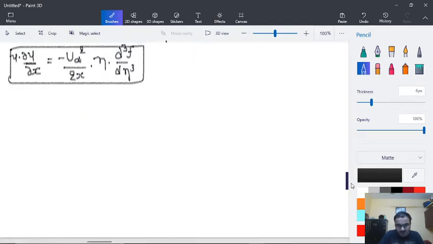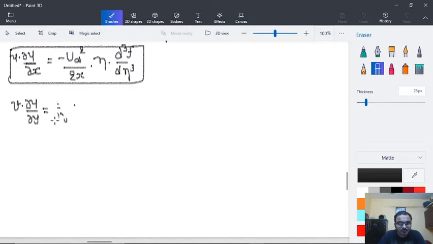Now our next portion is v into del u over del y, which is equal to del over del y into... oops, we need to put the value of v.